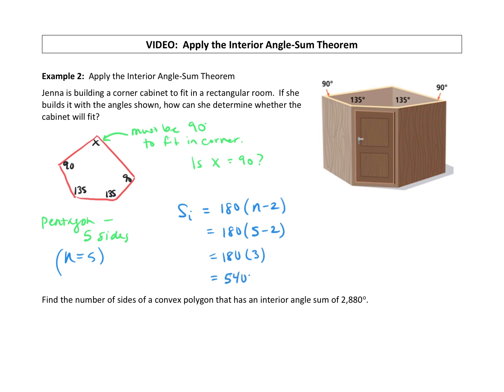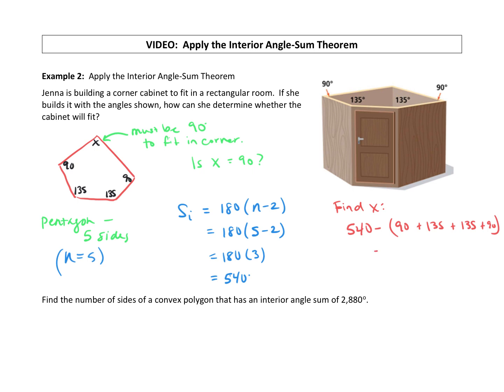So these angles will add up to 540 degrees. So the question is, what is angle X? So let's find angle X by taking the total 540 and let's subtract out all the angles we do know. The 90 plus the 135 plus the 135 plus the other 90.